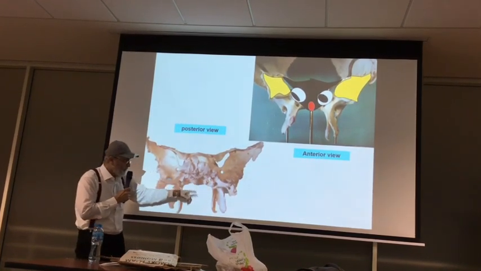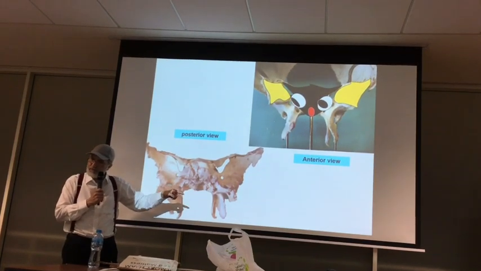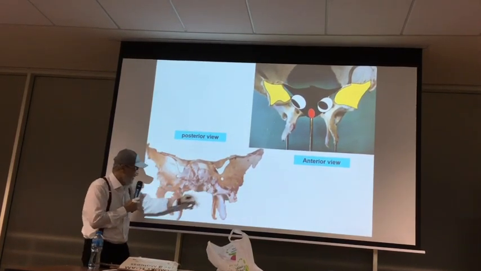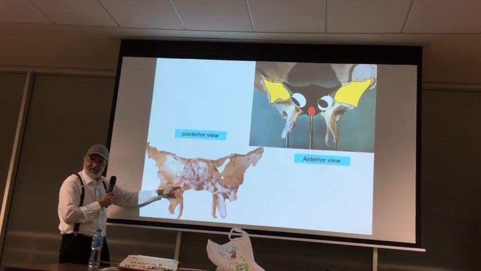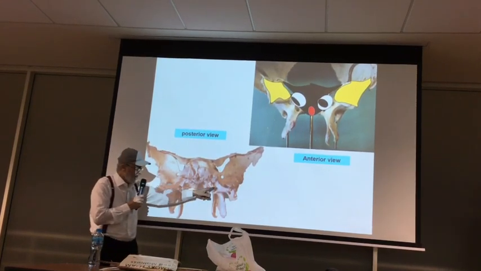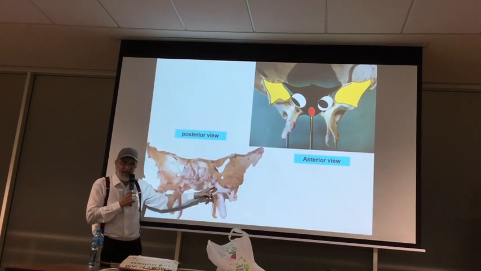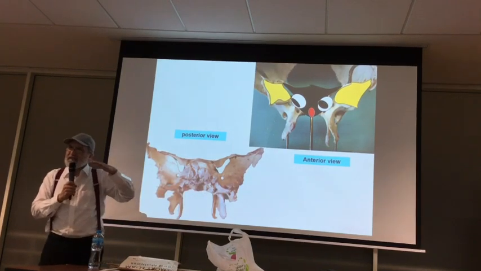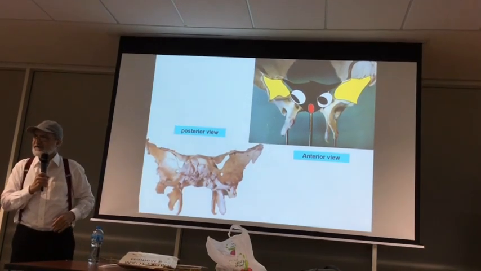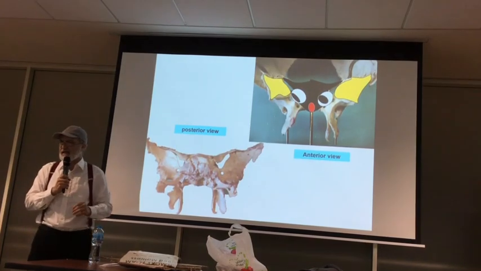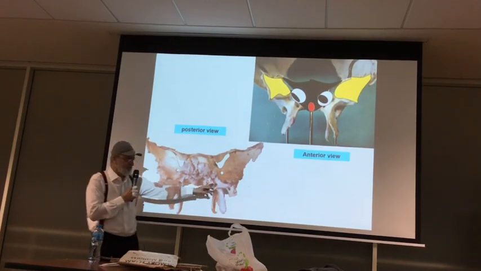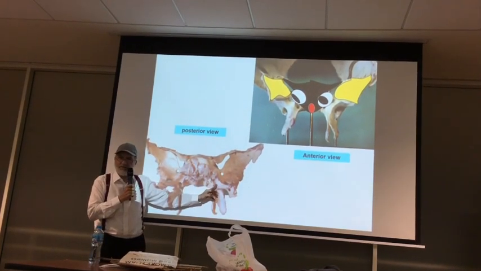And the foramen which carries autonomic will be this and this. Autonomic at this, and this is just outside the cranial cavity. This opening is the opening for the pterygoid nerve.